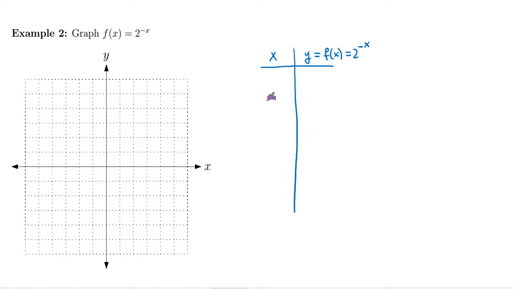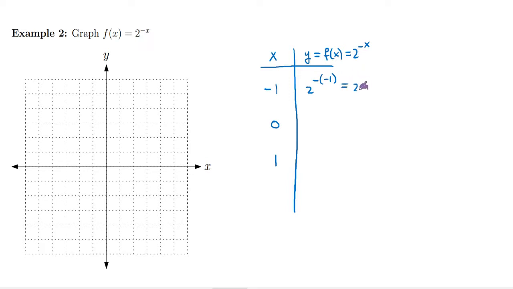So what are some good inputs that are easier to figure out the outputs for? Let's see what happens if we plug in negative 1, if we plug in 0, and if we plug in 1. Okay, so if I plug in negative 1, then you have 2 to the negative 1, right?